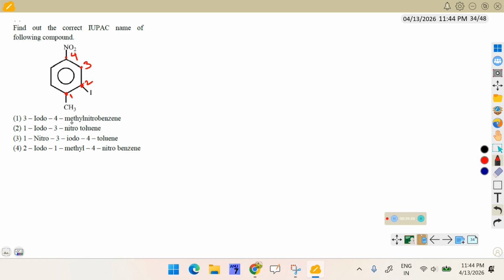In alphabetical order, iodo is first: 2-iodo, 1-methyl, 4-nitro, benzene. So the fourth option is the correct option. Alphabetical order.